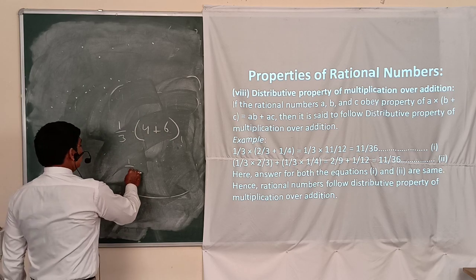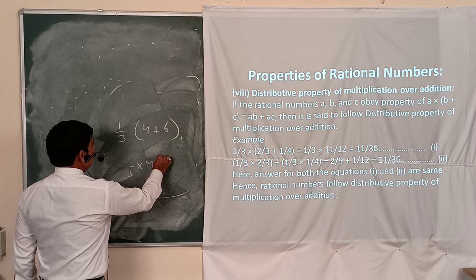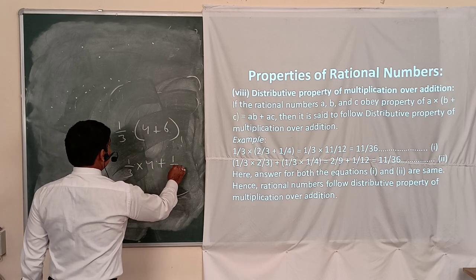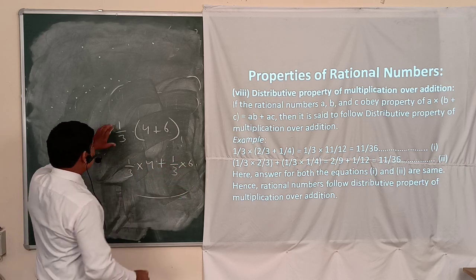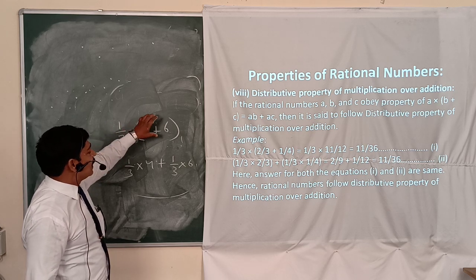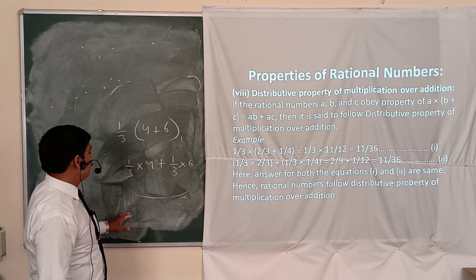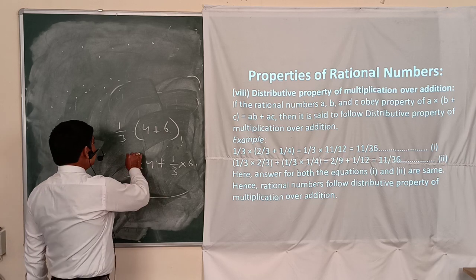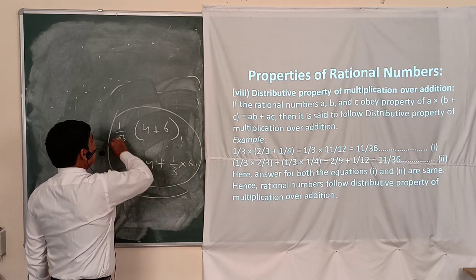So 1 by 3 into 4 plus 1 by 3 into 6. This number will be multiplied with each number inside the bracket. So this is the distributive property over addition.